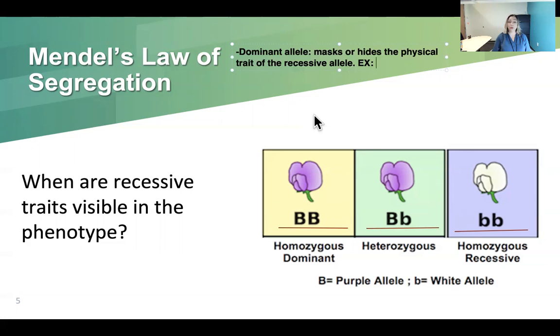So the example, in the heterozygote, big B, little b, the purple allele hides the expression of the white allele.